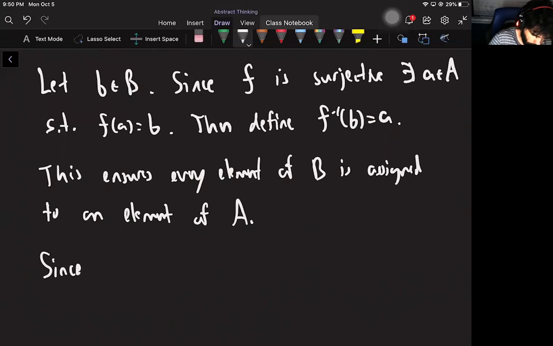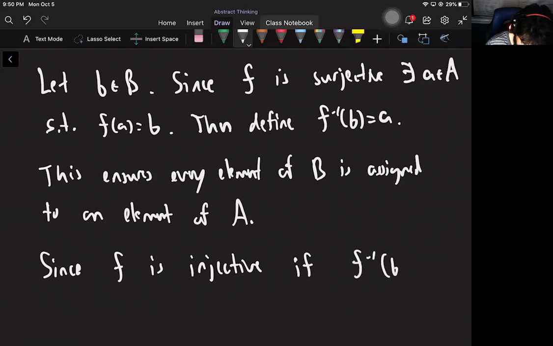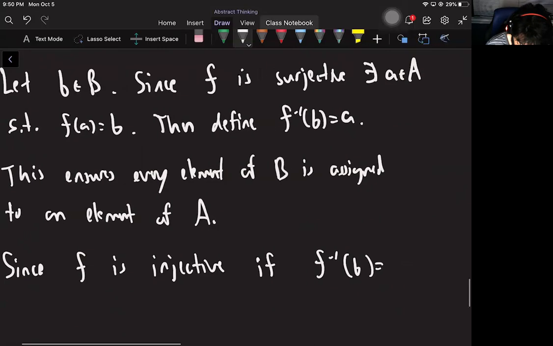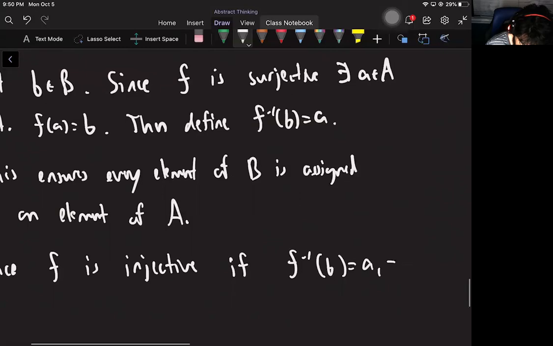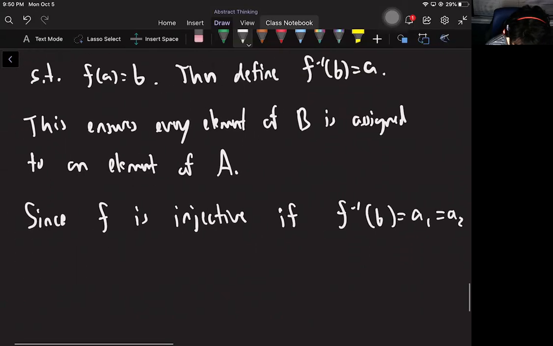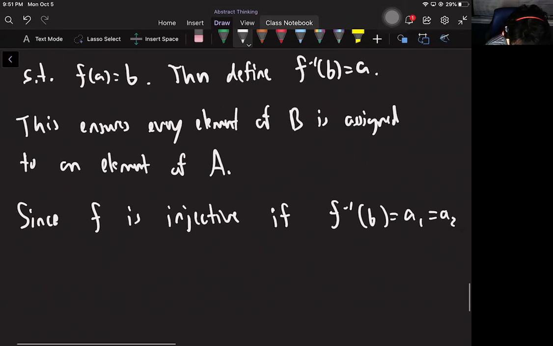So since f is injective, what can I do next? Well, if the inverse happened to send b to two different a's, I can do something because f is injective.